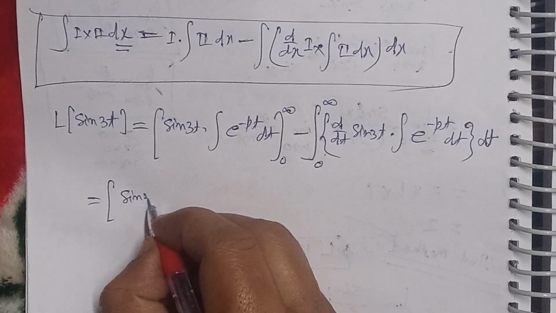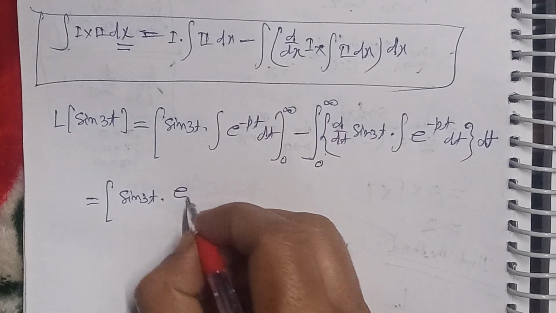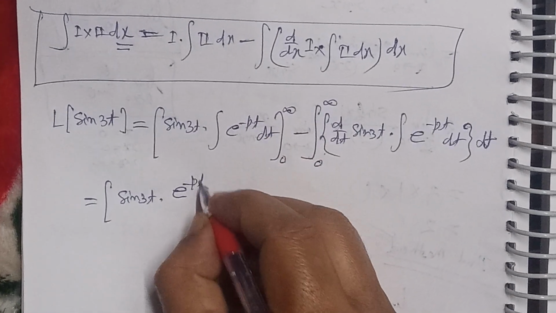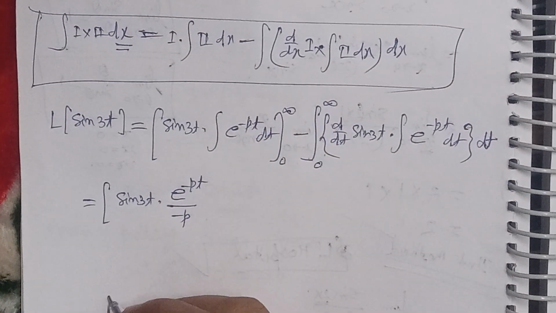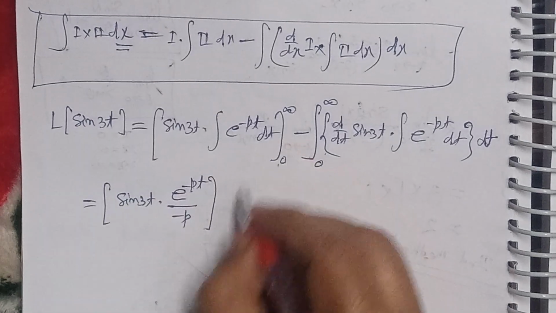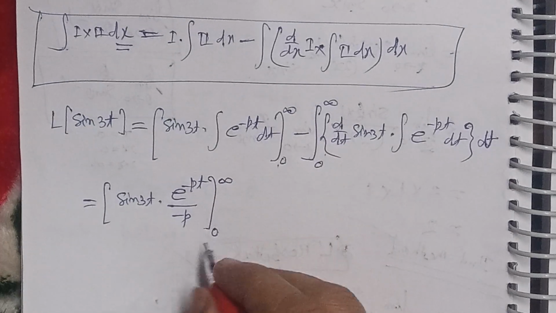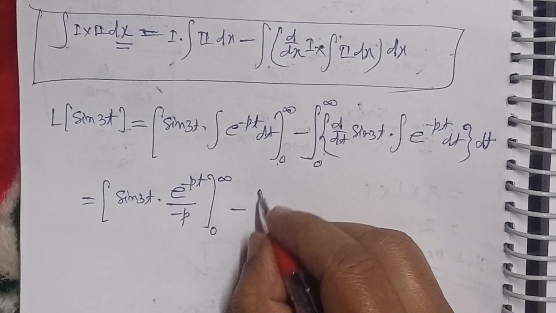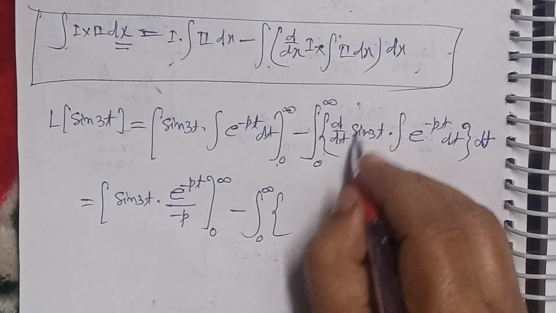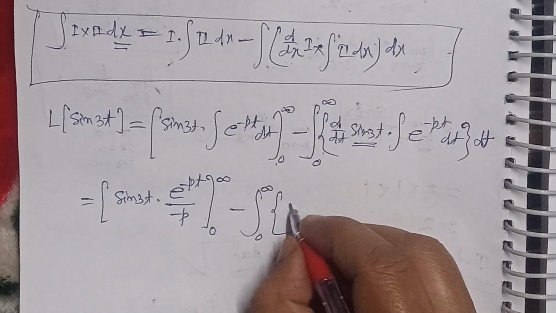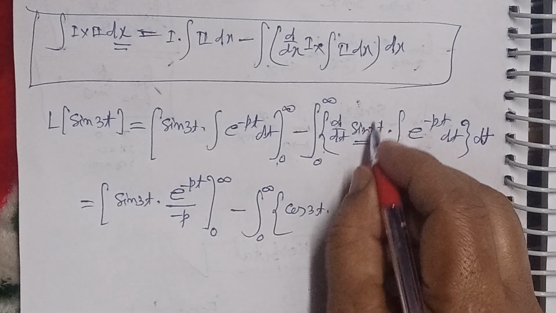Sine 3t, integrate e to the power minus pt, we get e to the power minus pt, but the coefficient of variable t here is minus p, so we must divide by minus p. We will apply the upper limit and lower limit. Minus integration 0 to infinity, first differentiate sine which is equal to cos, but here it is not t, so differentiate 3t.